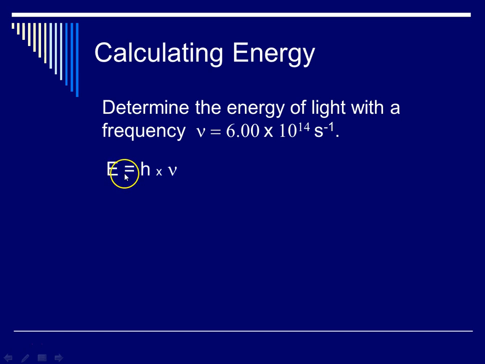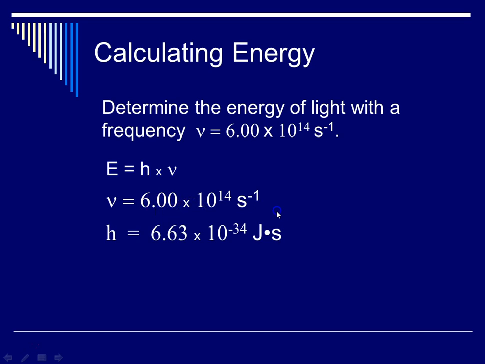So here, E is equal to Planck's constant times frequency, where our frequency that we calculated from our wavelength from the previous slide is 6 times 10 to the 14th inverse seconds. Planck's constant is that funny number, and the unit is joules times seconds.